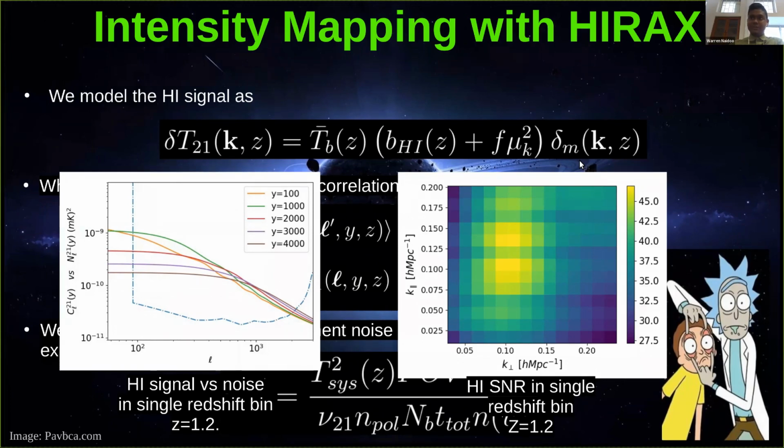That is something we have also argued in this work. And if you have many different measurements, then you can get a combined constraint, if you can measure H1 in many different surveys.